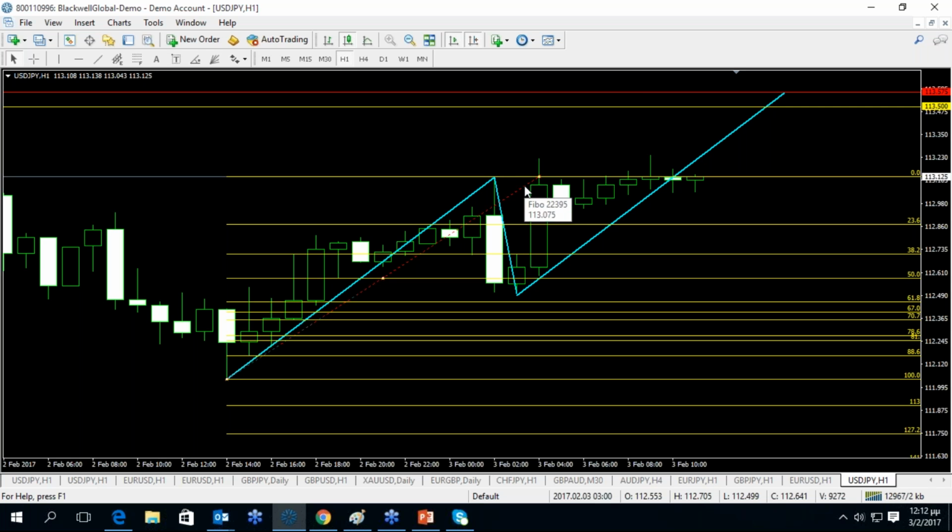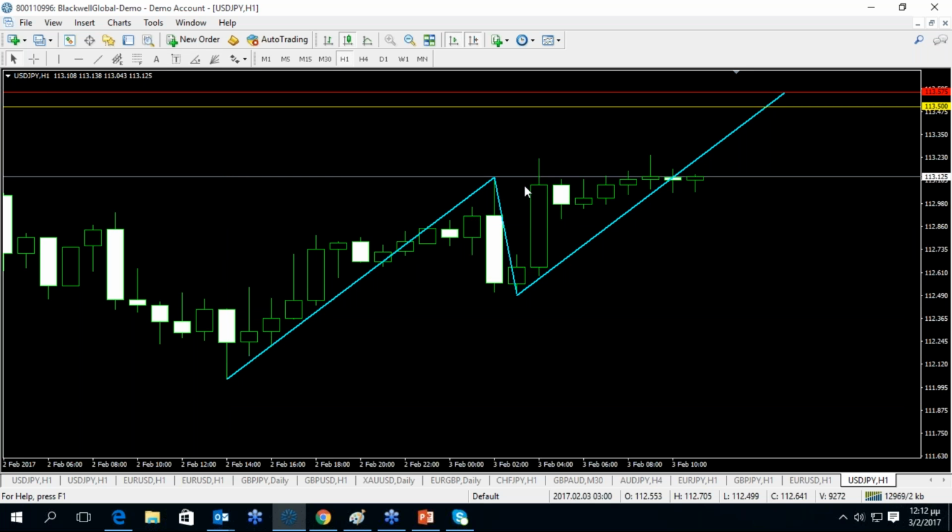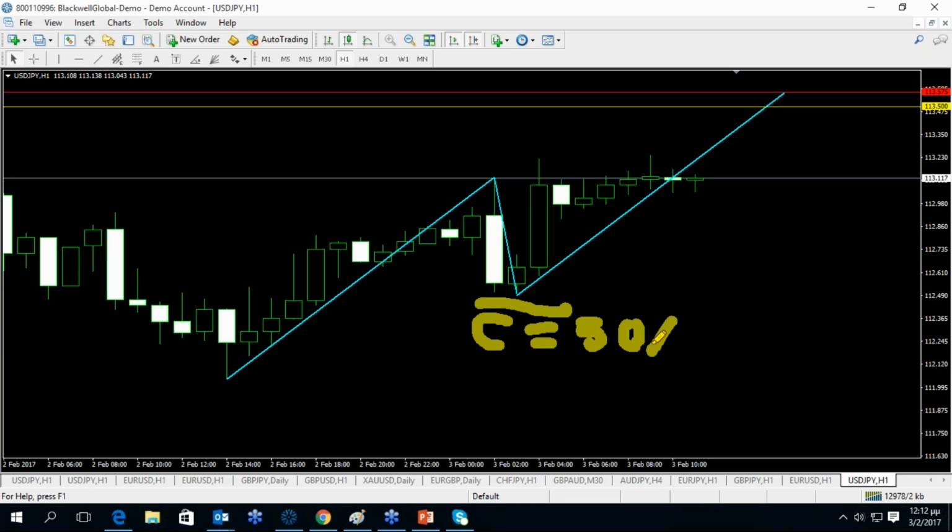Based on the C point, I have a bit of a formula using the Fibonacci extension ratio to look at where it might go upwards. Usually, if your C point is 50% of the Fibonacci of A to B, then it could reach an extension level of 200%. I'll demonstrate that in a bit.